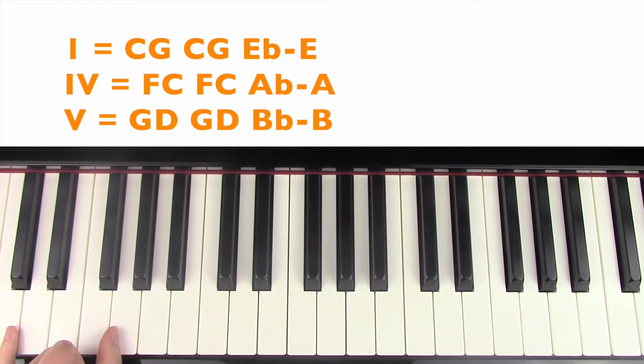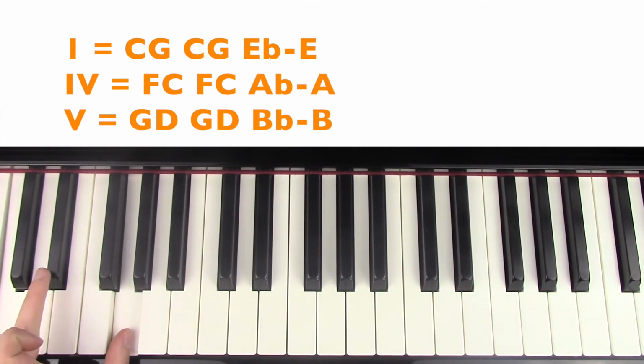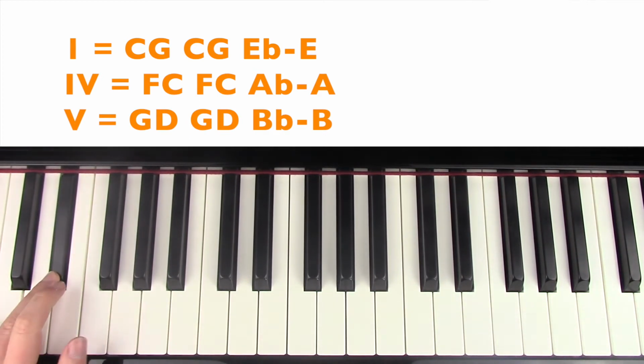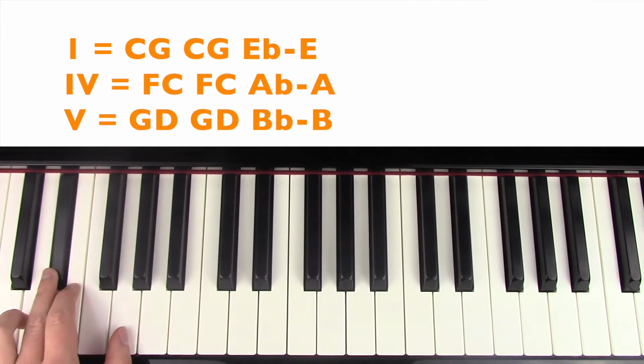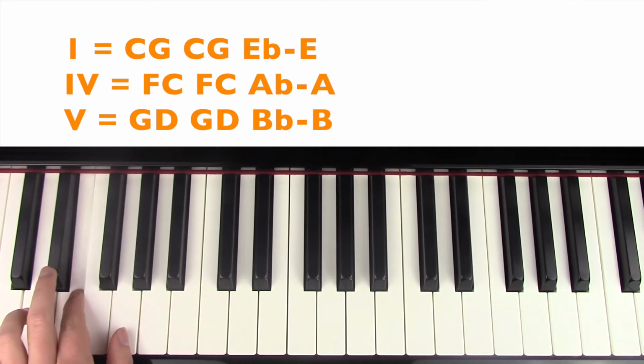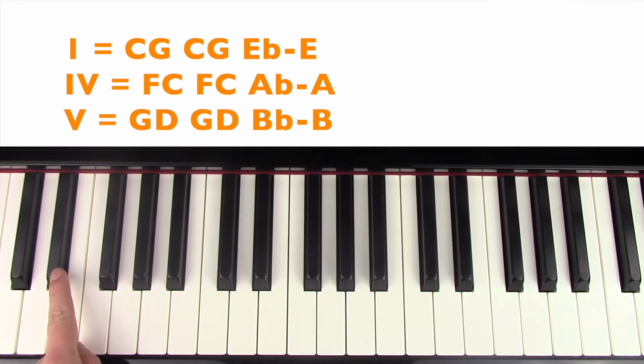So first of all, we have C and G. So you're going to play this twice. And then you're going to play E flat and then E. Like that. So that's the pattern. So you're playing the flattened third and then you're sharpening the third again, those chords.